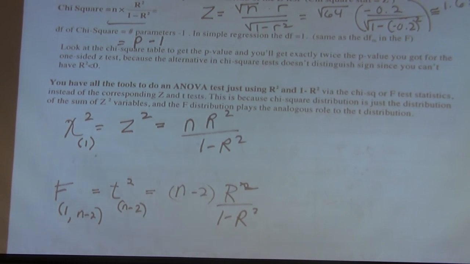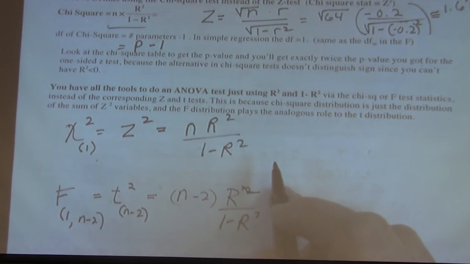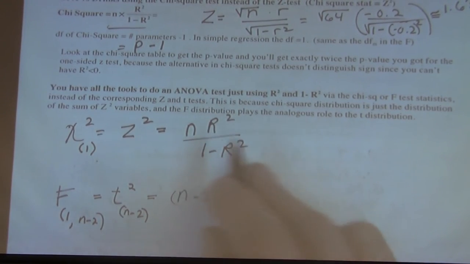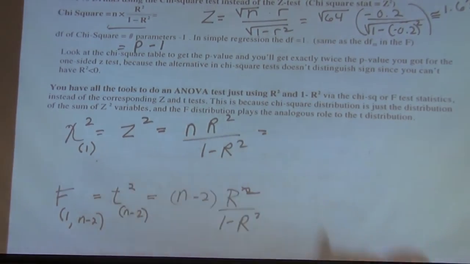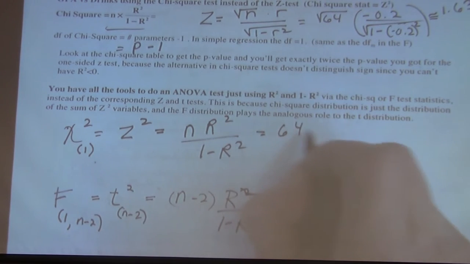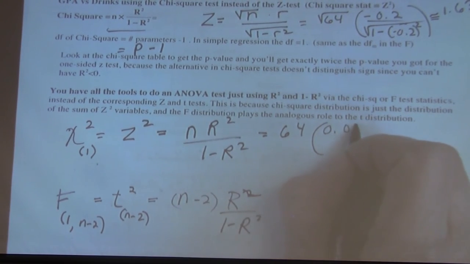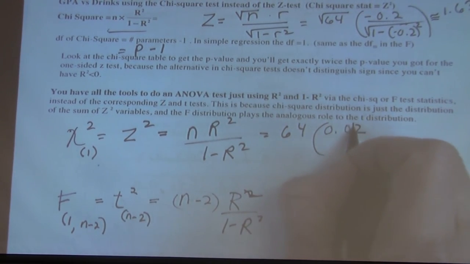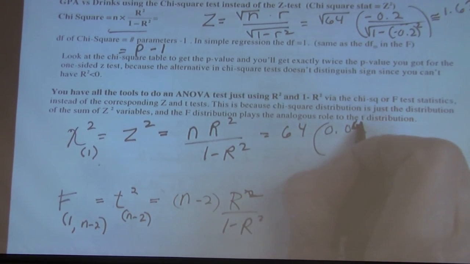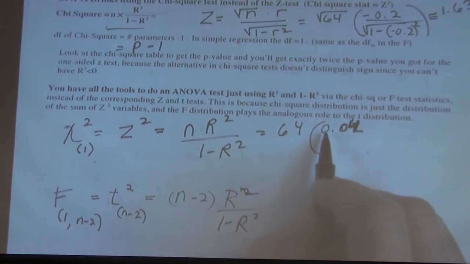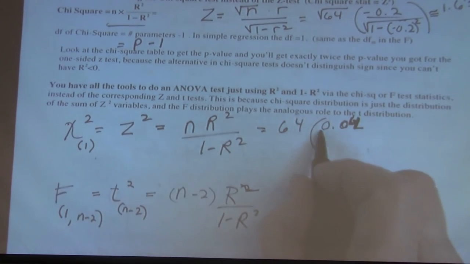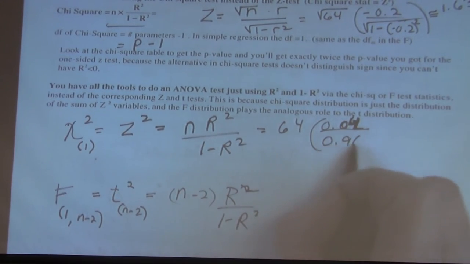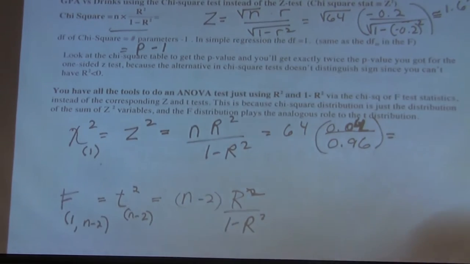All right, so now we have this, and what did we say it was? So our chi-squared would be what? It would be 64 times 0.2 squared, over 0.96, right?